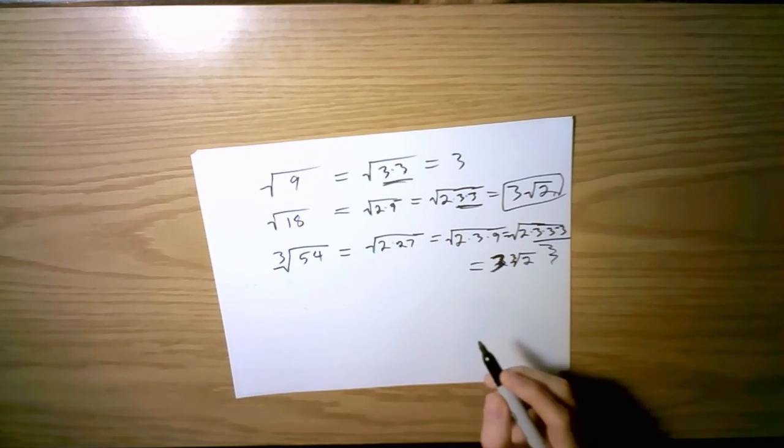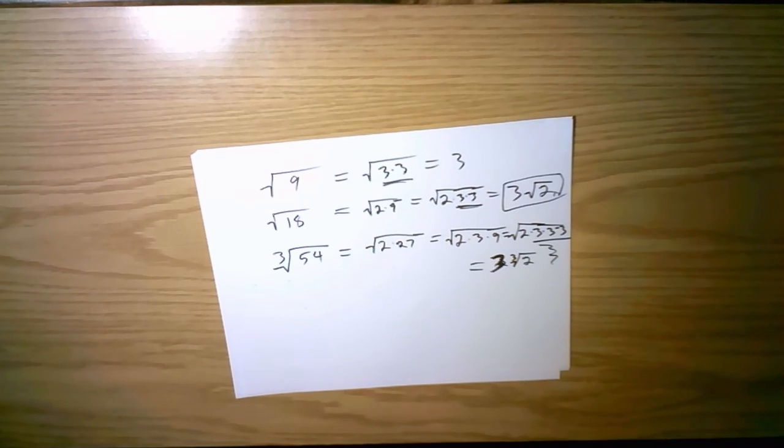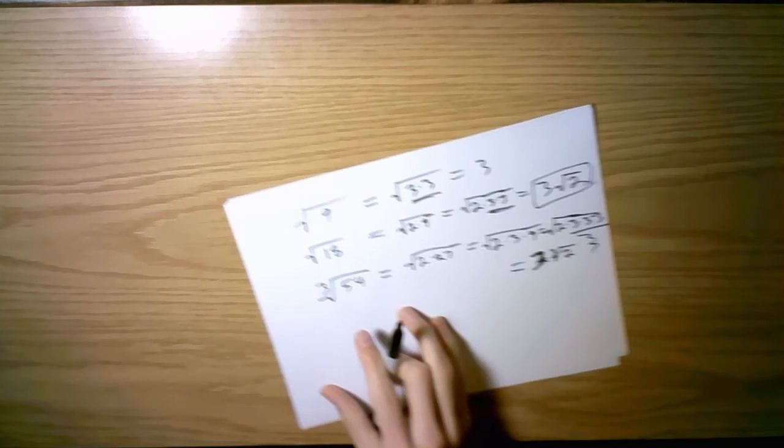So that's how you handle cube roots. If it's the root to the 4th, it's the same, you just need 4 identical numbers instead of 3. And yeah, that's basically how you do that.